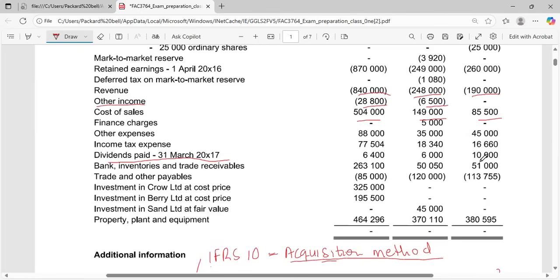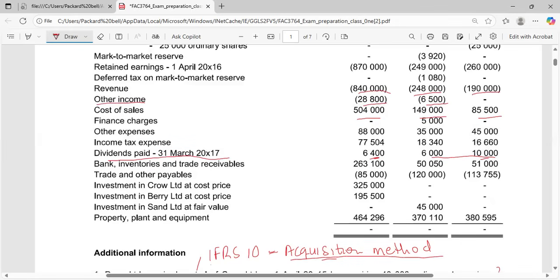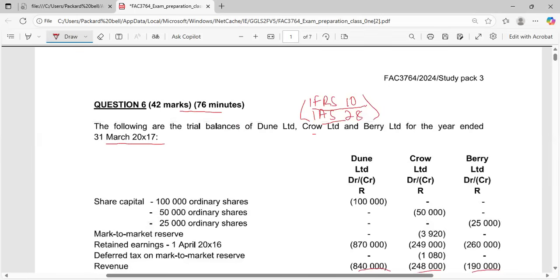So the dividends that were received by the parent from the subsidiaries, we must eliminate a proportion. Remember here we eliminate the proportion. So we need to do a calculation. How many shares were acquired and how many shares are there. So we need to do a calculation again.